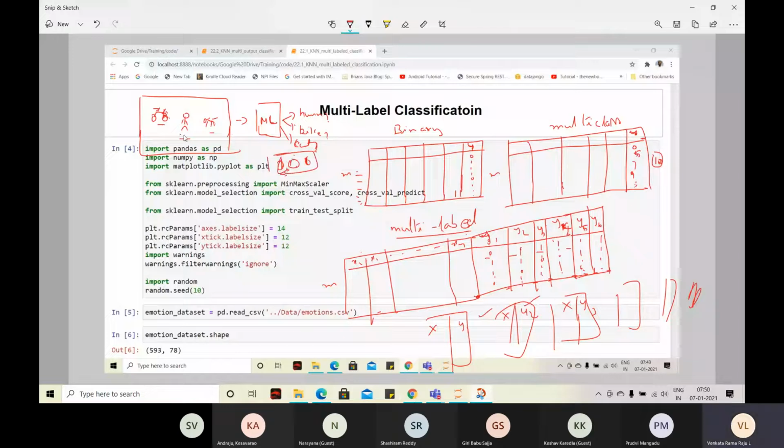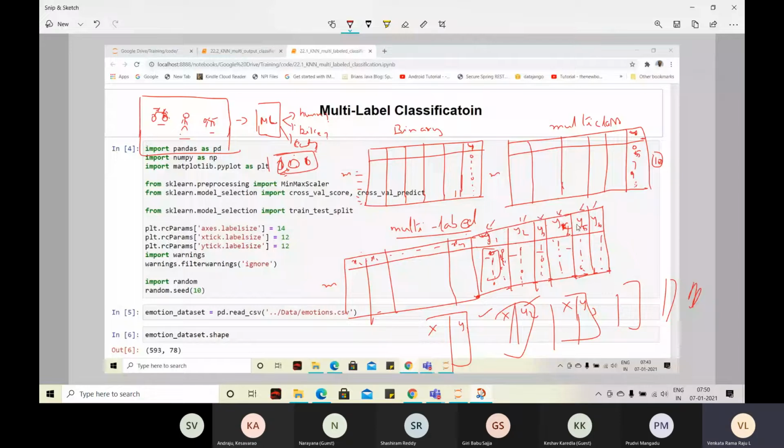In the multi-label, we had 0 or 1 here. If we have multi-class here, instead of 0 or 1, we have 0, 5, 9, like multiple, more than 2 classes in each of these y variables, then we call it multi-output classification.